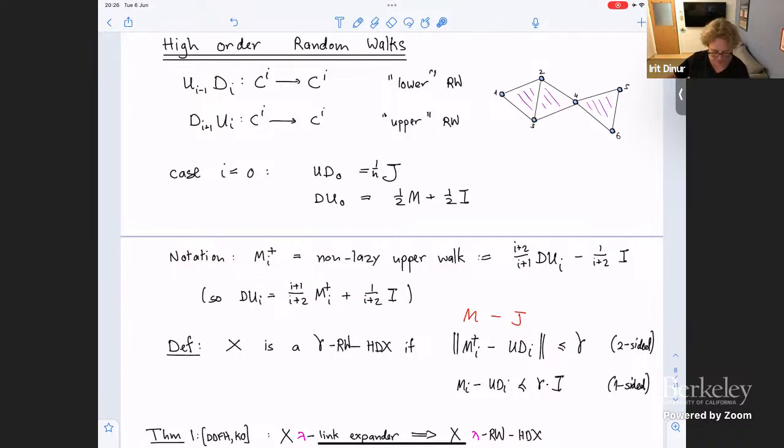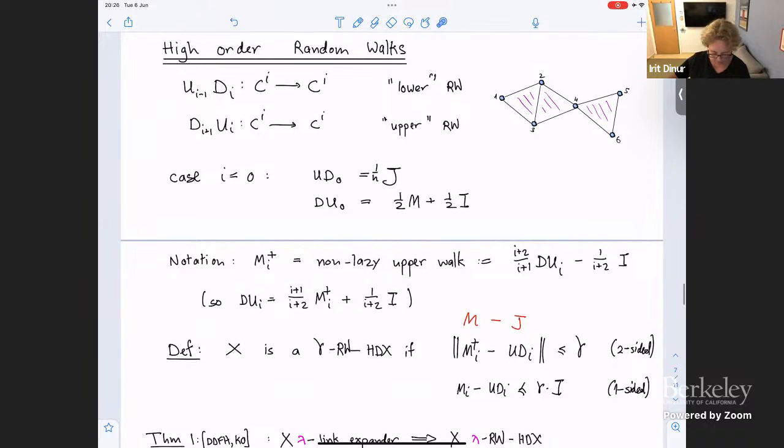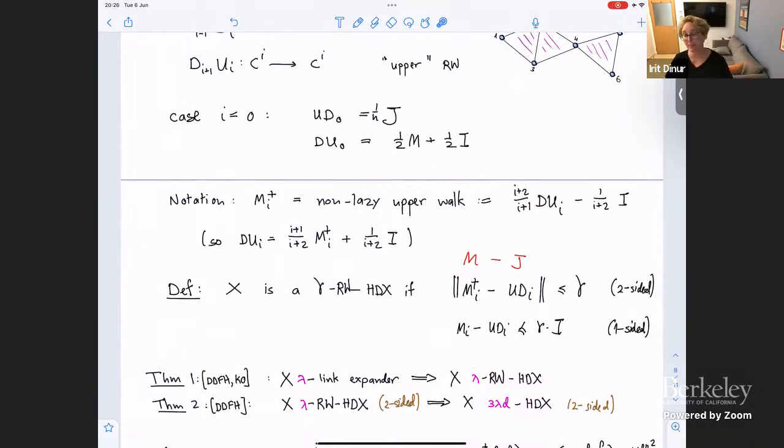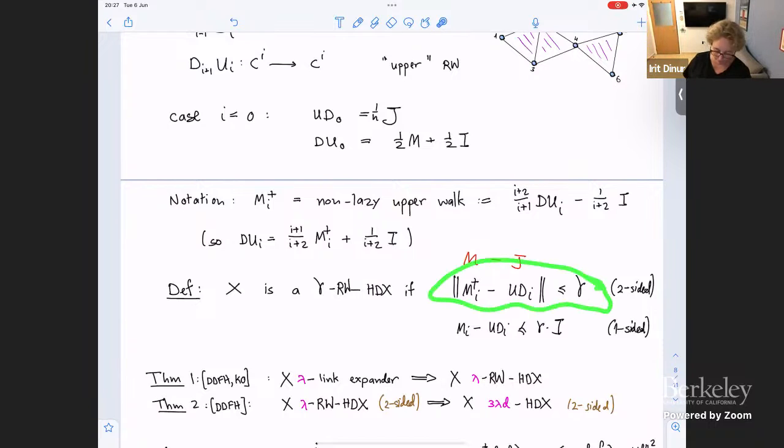Okay, so this is a definition, and we have a theorem that says that the link expander definition implies the random walk definition, and also to some extent vice versa, although you do lose parameters. Vice versa says that if you satisfy the random walk definition, you have a good comparison between the upper and lower random walks, then you must also satisfy the link definition.